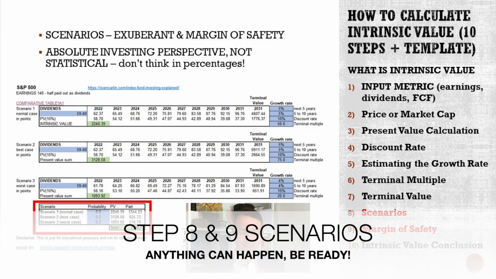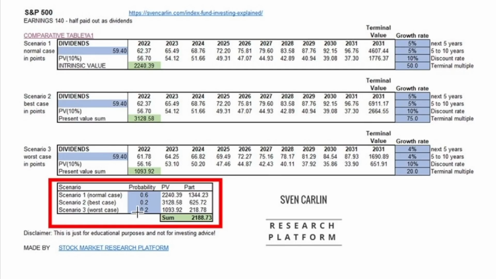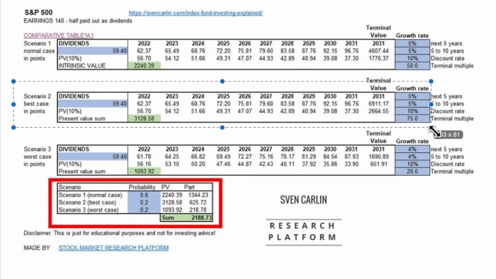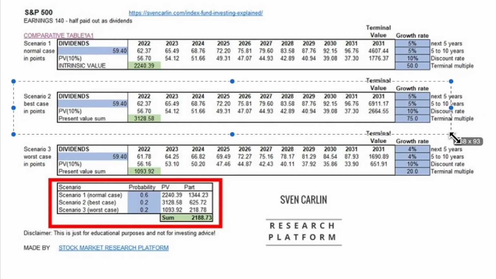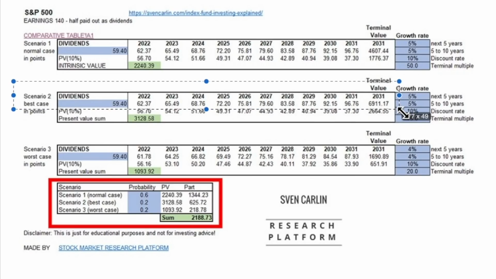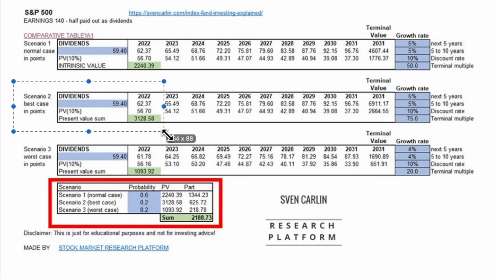Step number 8, scenarios, and also step number 9, which is a scenario, represents a margin of safety to always keep in mind when it comes to investing. Now, I here have scenario 1, scenario 2, best case, scenario 3, worst case scenario. In a best case scenario, I assume higher growth rates, the market being more exuberant, thus a higher terminal multiple, leading to a higher terminal value, leading to a higher present value sum.